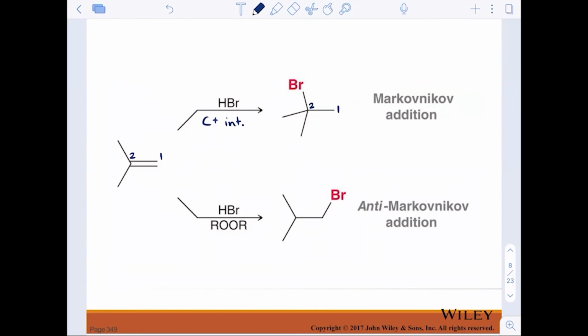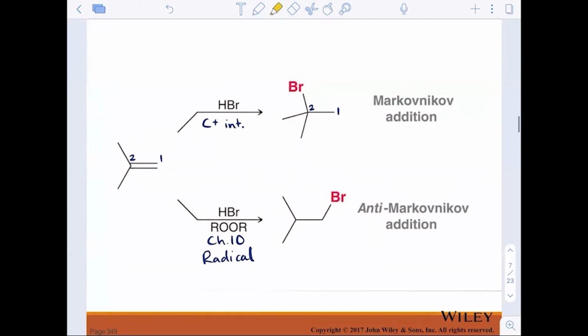Anti-Markovnikov addition is a very interesting mechanism. We will do this mechanism when we discuss chapter 10. It is a radical intermediate, which is different than a carbocation. We actually get a completely different mechanism when we add in peroxide. ROOR is a peroxide. When we do add the peroxide in as a reagent, we get a radical reaction, and that ends up with an anti-Markovnikov addition, where the halogen gets added to the less substituted position and the hydrogen gets added to the more substituted position.